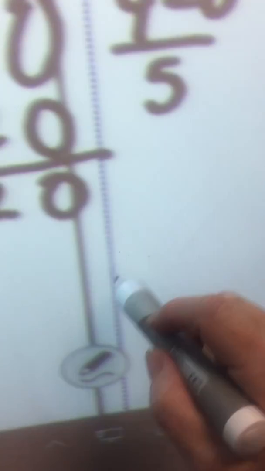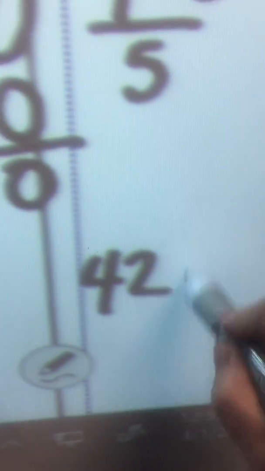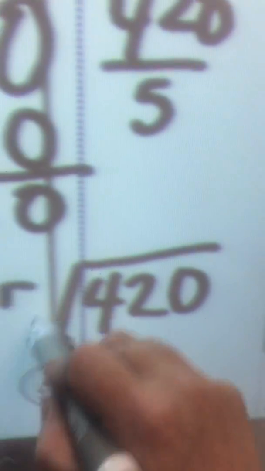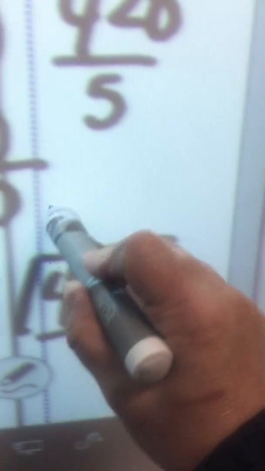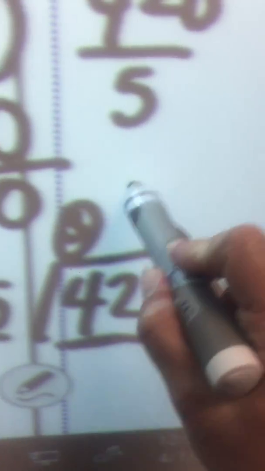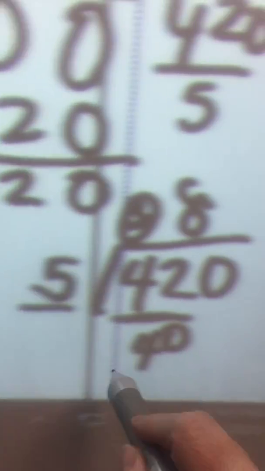which is 420 divided by 5. I'm going to go ahead and show that. 420 divided by 5. 5 does not go into 4. If you want, you can put a smiley face or a 0 to hold its place value. 5 does, however, go into 42 8 times. 8 times 5 is 40. Going to subtract.